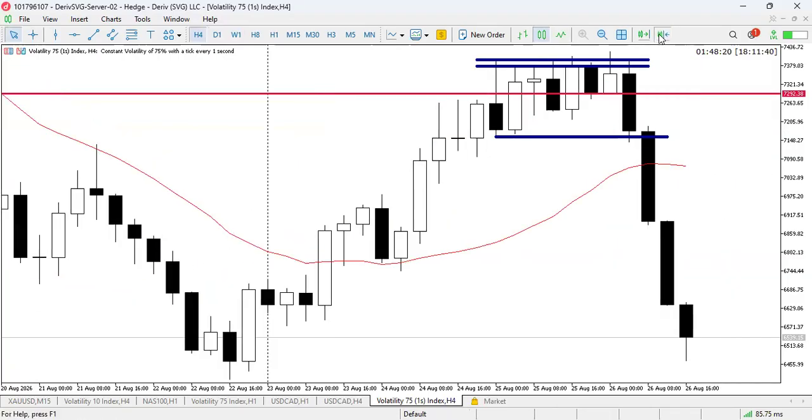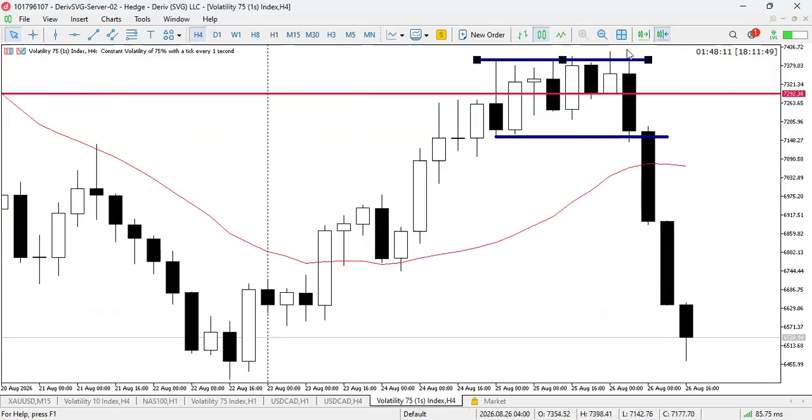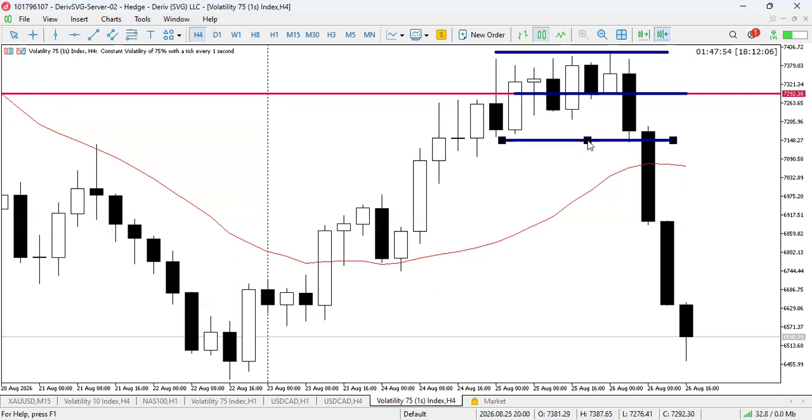Again, I'm simply going to mark the high and low of the first candle. This is the first candle today, the first 4 hour candle, and then this is the second one here. Of course, it broke this structure, so yes, that's it.